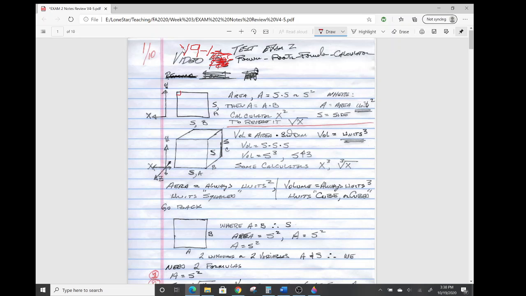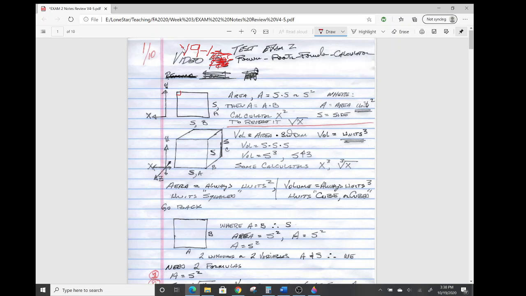If not, it's a rectilinear prism. So A could be a different dimension than B, and B could be a different dimension from C. But we still have a Y direction, an X direction, and we have a Z direction. That's our third dimension. So we have units times units, that's units squared, times units, that's units 3. Units raised to the third power.